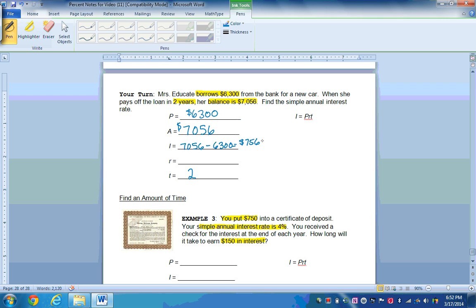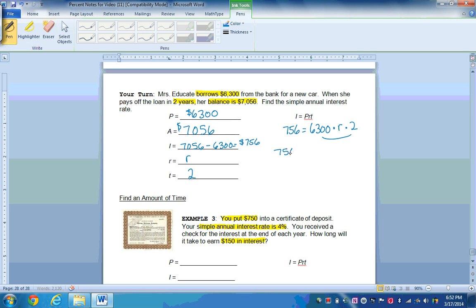$756. So my rate, that's what you don't know, and we'll go ahead and plug everything in here. The interest was $756 equals my principal was $6,300 times the rate times the time of 2 years. Go ahead and multiply those two together, and we have $756.